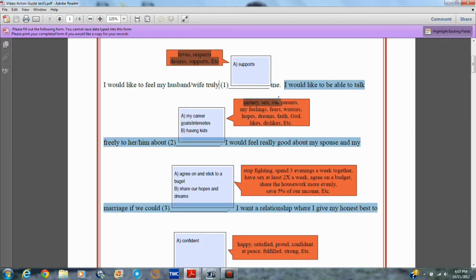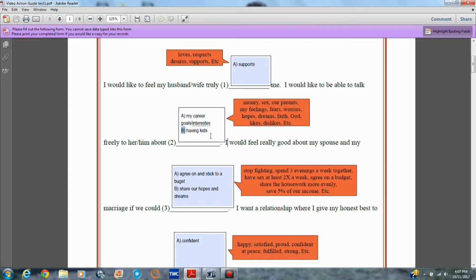So in the second blank here, we're looking at, I would like to be able to talk freely to him about A, my career goals and interests, and B, having kids. Looks like I misspelled interest. Oh well. If you notice the A and B thing, that's there because you can have up to 3 responses or 3 goals for each blank. And you'll see that in the next section.